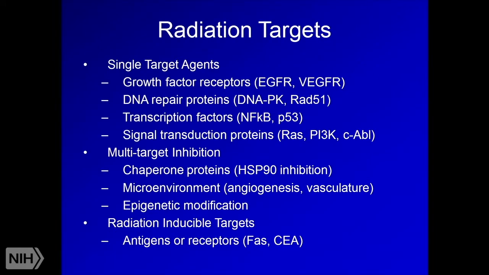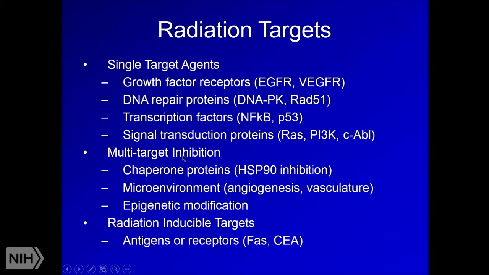So some of the examples of radiation targets, and some of these might be talked about in some of your other lectures. These can be grouped into single target agents, multi-target agents, and then radiation inducible agents. So some examples of single target agents are things that target the EGFR receptor, the VEGF receptor, some of the DNA repair proteins like RAD51, transcription factors.